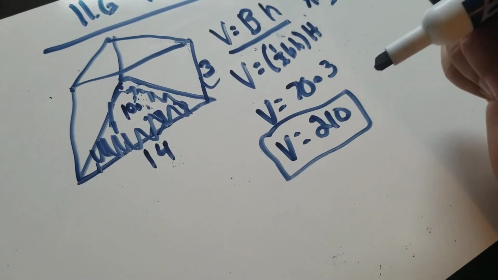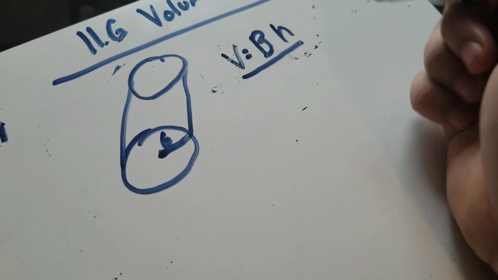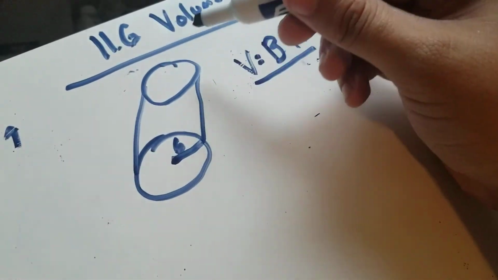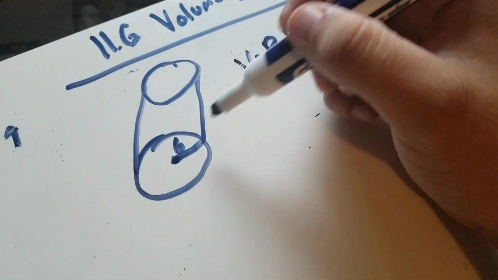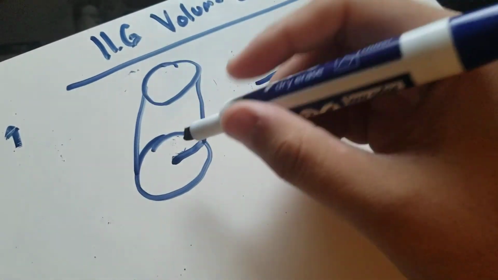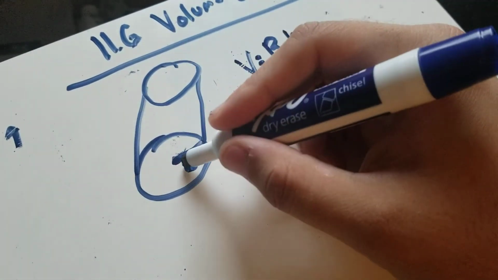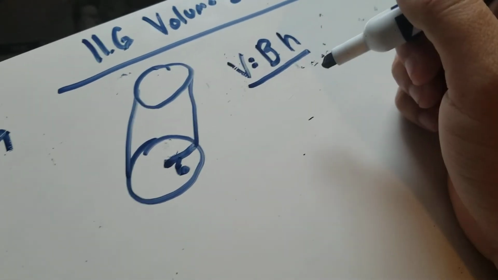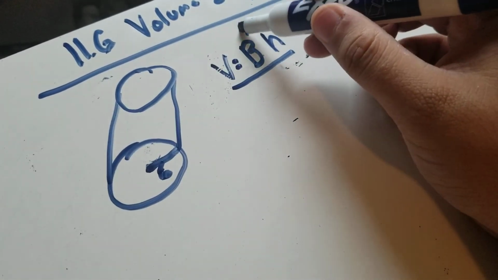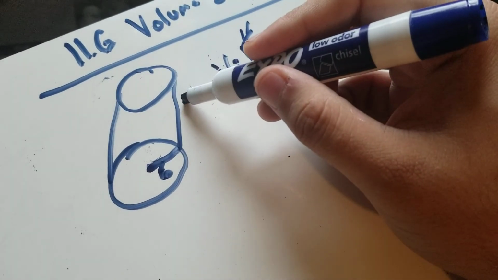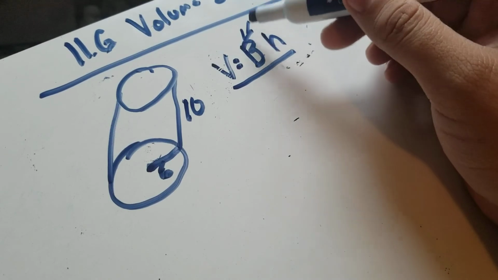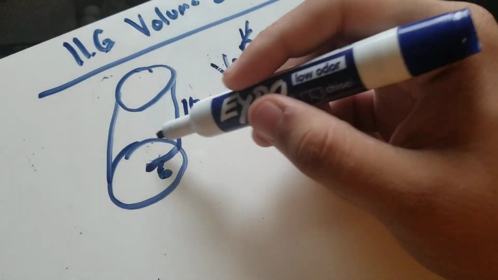Now let's do one with a cylinder. A cylinder is just the name for a circular prism. So we have a cylinder here with its radius, I'm sorry, being 6. Now we have a circle as the base, so this capital B is the area of the base, and let's make the height 10.